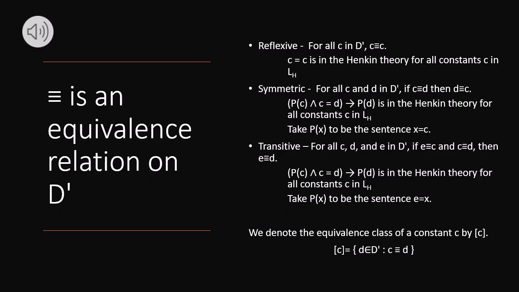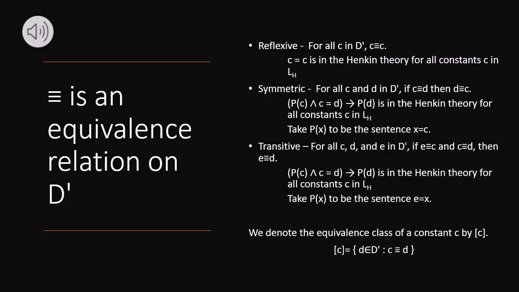Now, again, what happens when you have an equivalence relation is that it splits up the domain, in this case D prime, into a collection of equivalence classes. And the equivalence classes are those things that are related to one another. Everything being related to itself means that it splits it up into nice chunks.